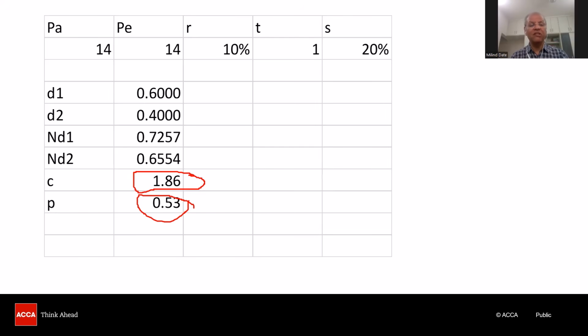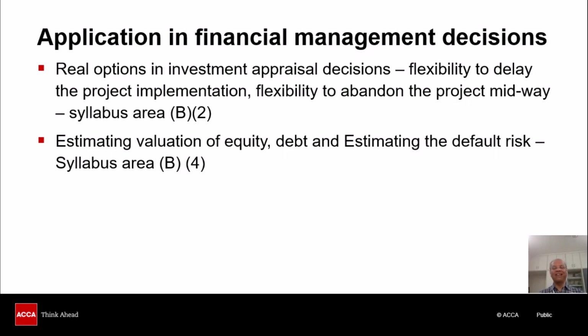And therefore, it's worth accepting it, although the original traditional NPV of the project is negative. So this is a tool used by finance managers to evaluate investment projects in a much better manner than only using the net present value method. These applications are what is tested in the AFM.